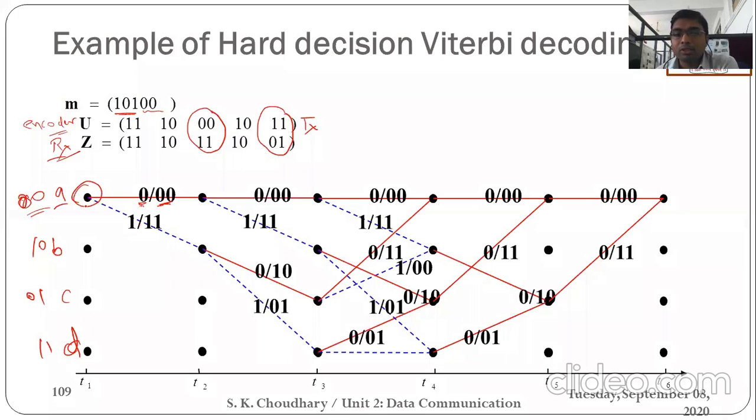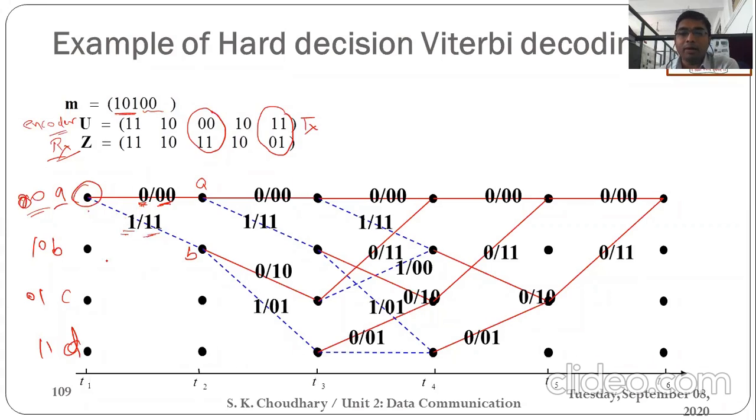When you are at the 0 0 state and the input is 0, you get output 0 0 and stay in the same state. If you are at state A and receive an input of 1, you generate output 1 1 and transfer to the B state.